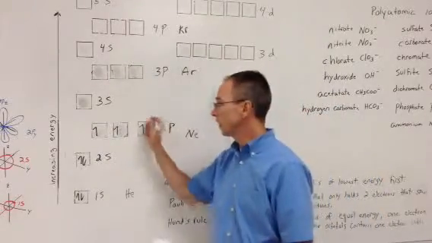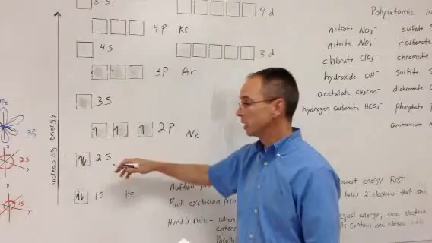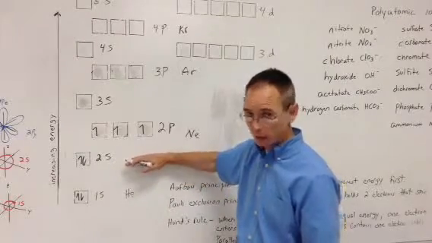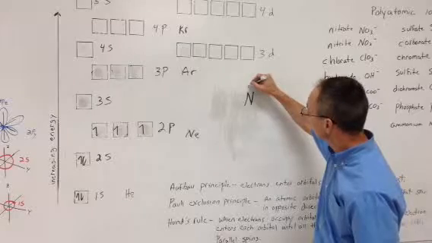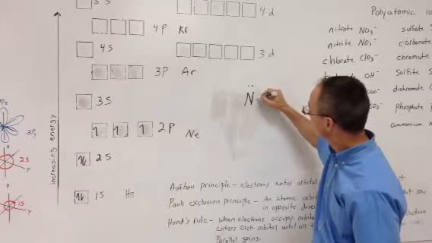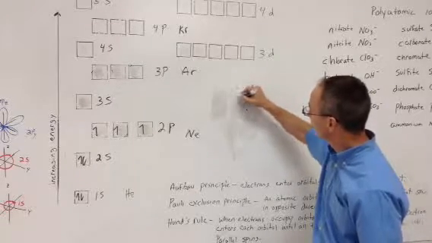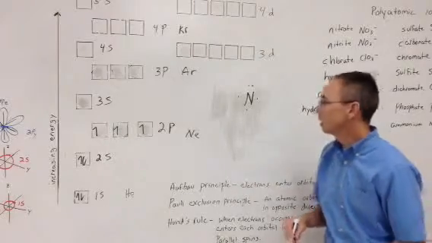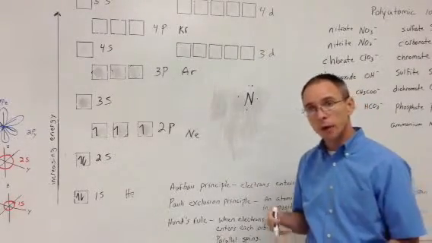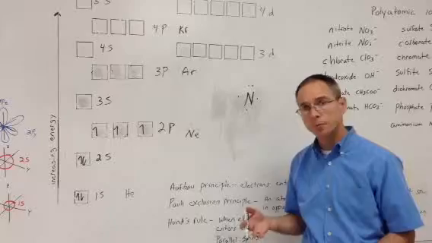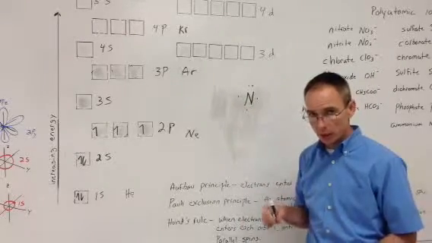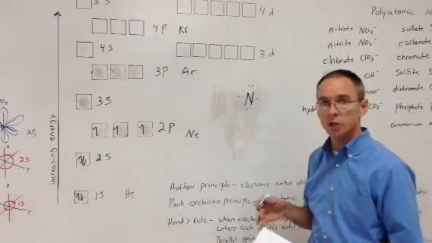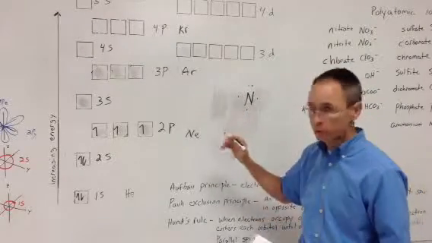Well, that tells me its valence is 5, because the partially filled outer energy level is the second energy level and it has 5 electrons. So I put 5 dots around it. 1, 2, 3, 4, 5. Okay? And I'm going to bond it covalently with hydrogen. Well, each one of these single electrons is going to pair up with a hydrogen so that the whole molecule will be stable.